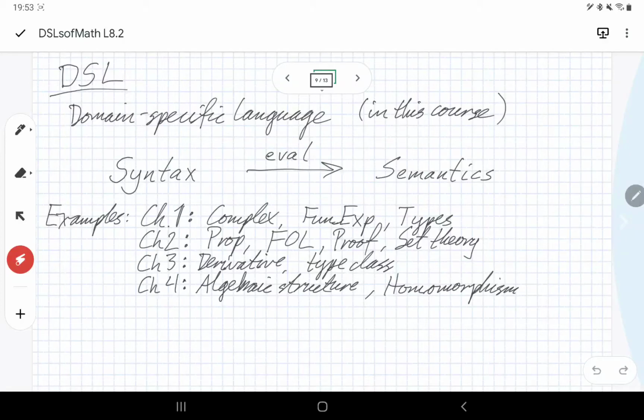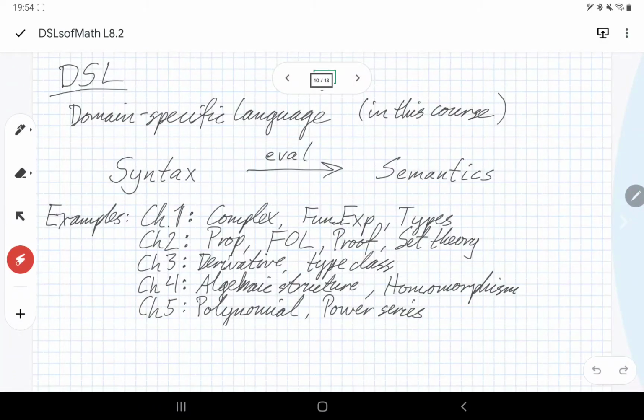So homomorphism is a structure preserving mapping, between different algebraic structures, or very often an eval function from a syntax to a semantics. The homomorphism then is preserving, for example, the addition in the syntax tree and transforms it to an addition in the underlying semantics, be it functions or sets or something else.